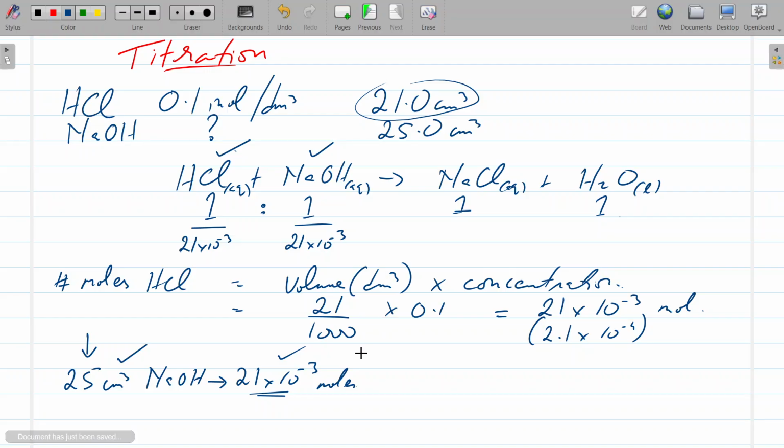Remember the formula for concentration? Moles divided by volume. Yes, moles upon volume in decimeter cube.